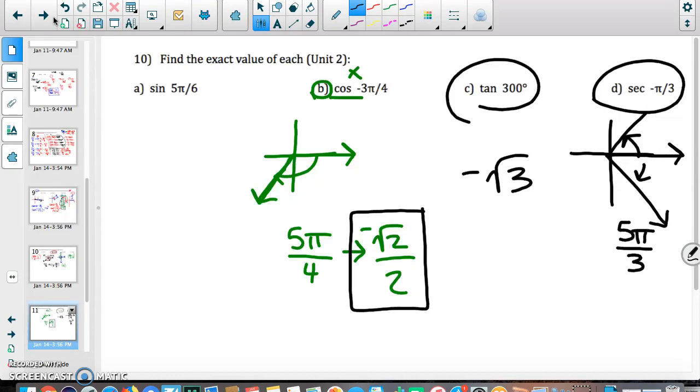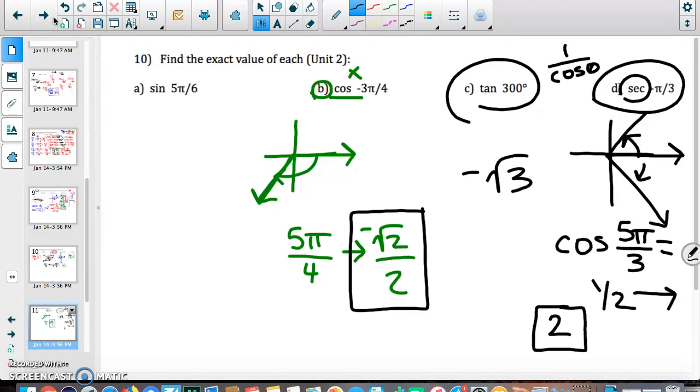And at 5 pi over 3, I'm looking for the secant. Okay, well the secant is the reciprocal of cosine, right? 1 over cosine. It's the flip of the cosine. Well, the cosine at 5 pi over 3 is 1/2. What is the reciprocal of 1/2? 2. Awesome.